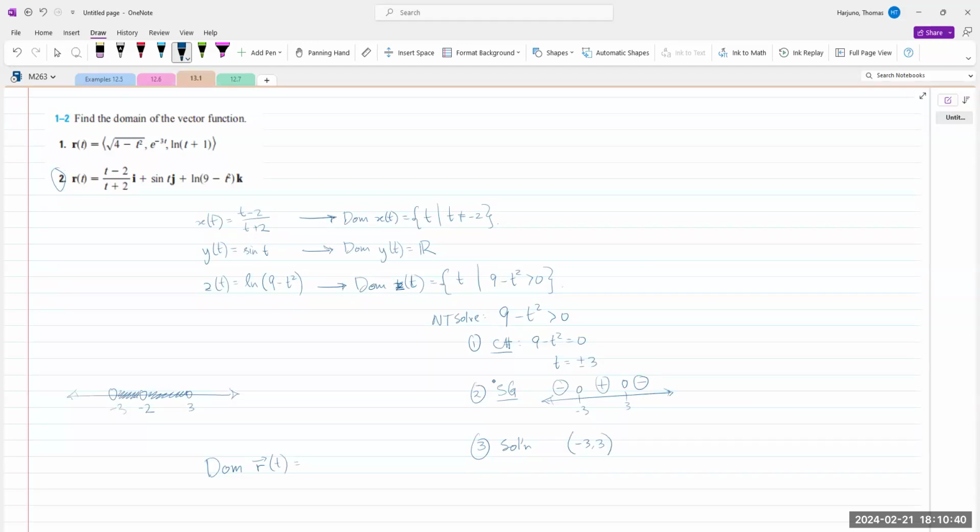So the domain will be from negative 3 to negative 2 union negative 2 to 3. Okay, that's the domain of this vector function. In other words, if t is outside of this interval, we will get undefined.